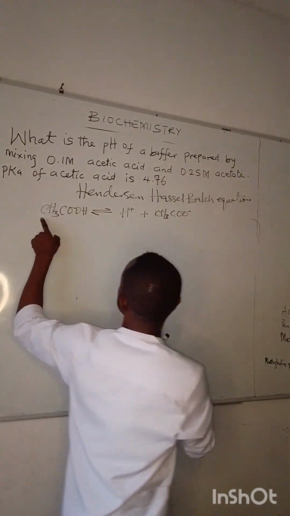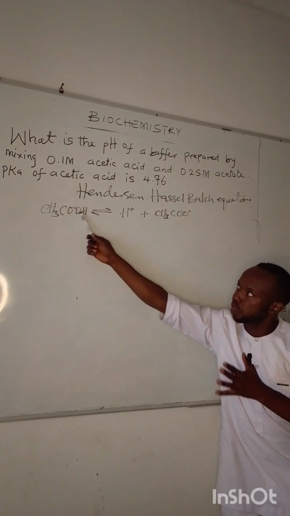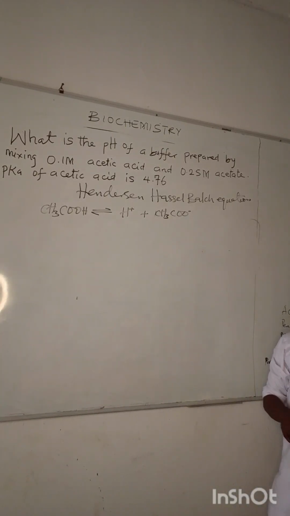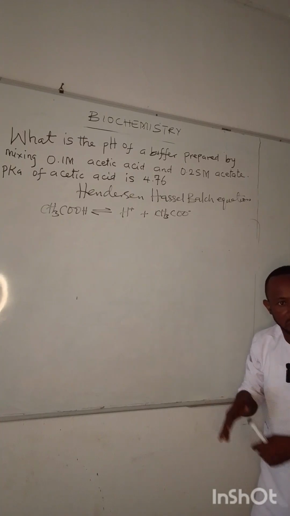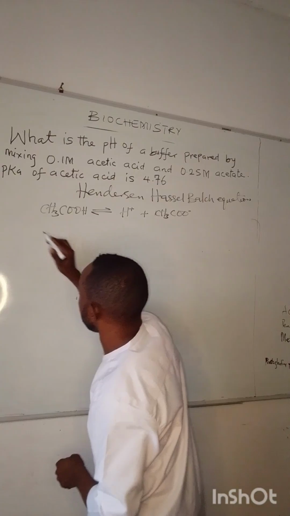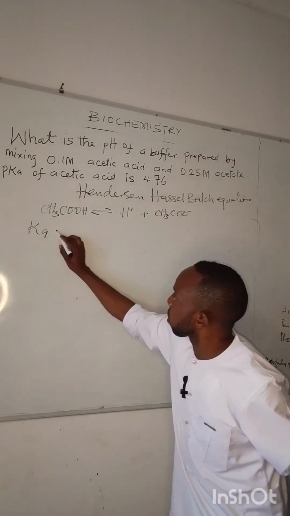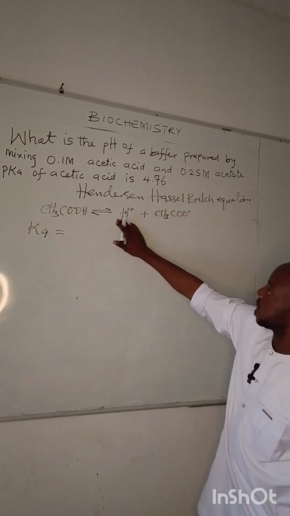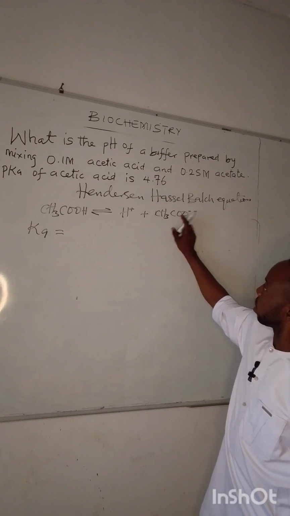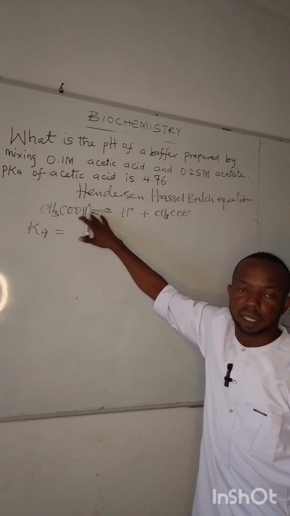When it dissociates, it forms hydrogen ion and acetate ion. Therefore, the acid dissociation constant, Ka, of this acid will become the concentration of the products, the hydrogen ion and the acetate ion, all over the acetic acid.